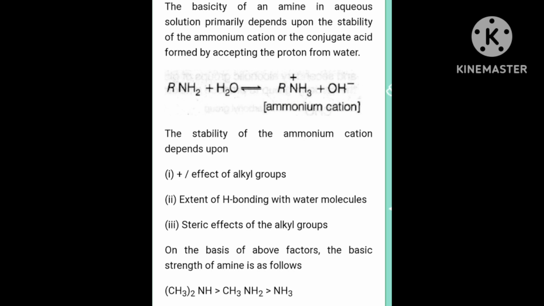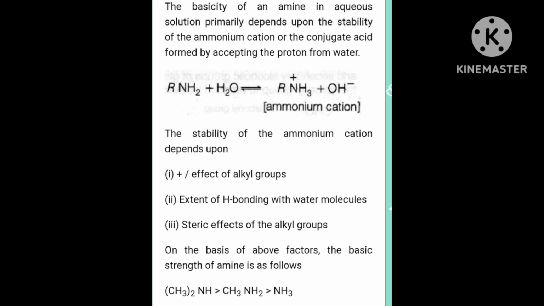Then here you can get the expression of K. Chemical equilibrium expression, you know, that can be applied here. RNH2, when it will react with water, it will form RNH3 plus and OH minus, correct?